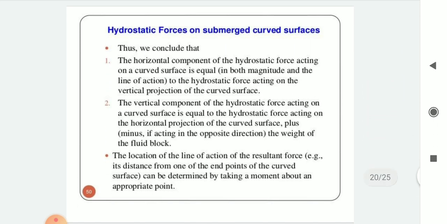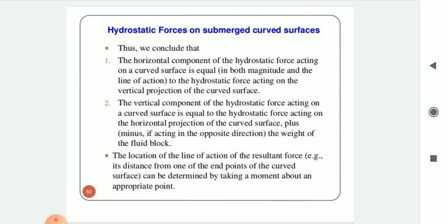Thus we conclude that the horizontal component of the hydrostatic force acting on a curved surface is equal in both magnitude and line of action to the hydrostatic force acting on the vertical projection of the curved surface.